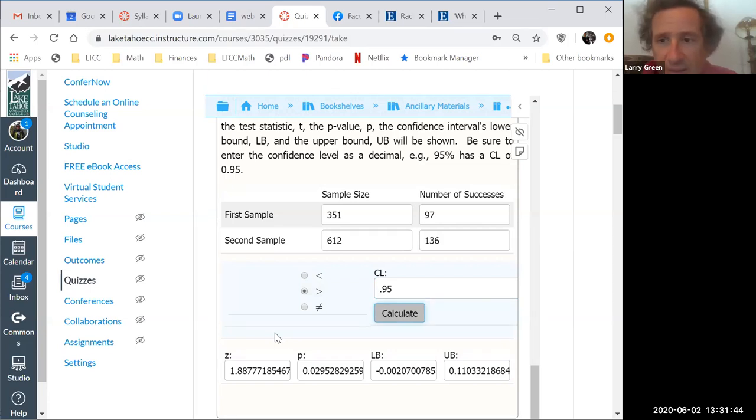Any questions on that? Notice our test statistic is Z, and that is 1.89. And our p-value is 0.03. I'll just round to a couple decimal places. Any questions at all on using the calculator?